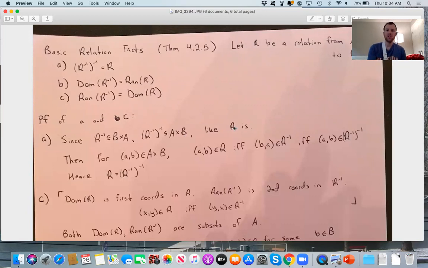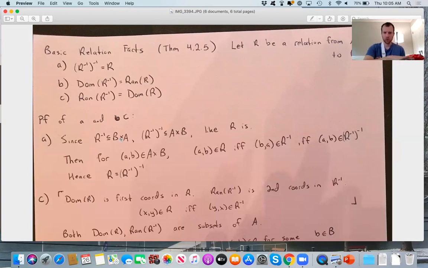If you have two relations that are relations on different sets, there's no way that they're equal. If you have R as a relation from A to B, and another relation is a relation from B to a third set C, those are really just the wrong types of objects to be equal to each other.